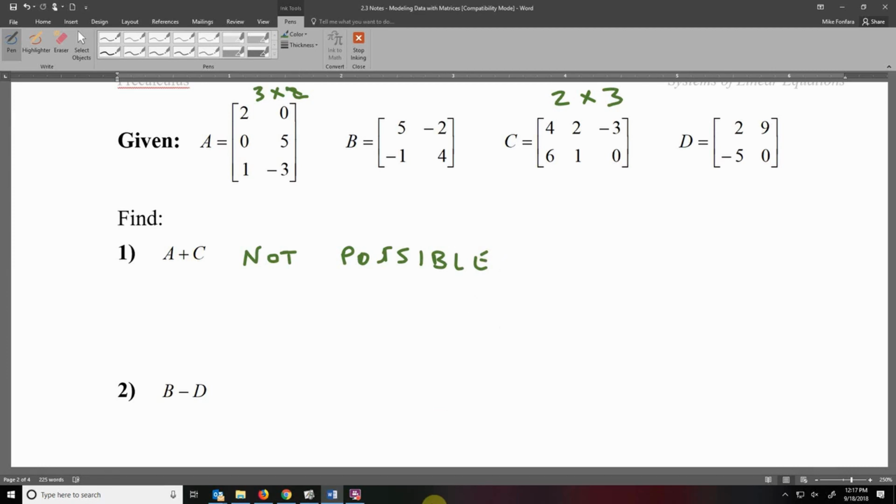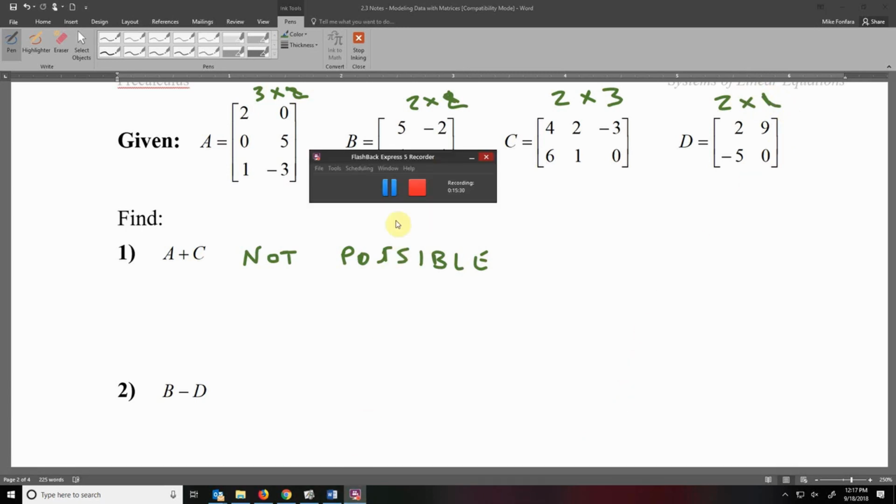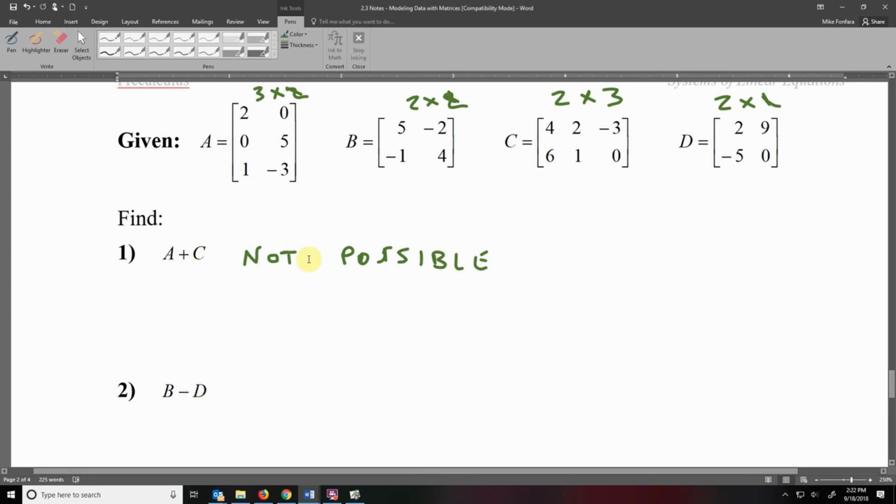Next is B minus D. 2 by 2. And another 2 by 2. Those can be subtracted. So B and D are both 2 by 2, so we can subtract those.